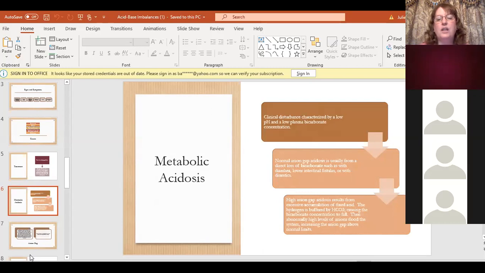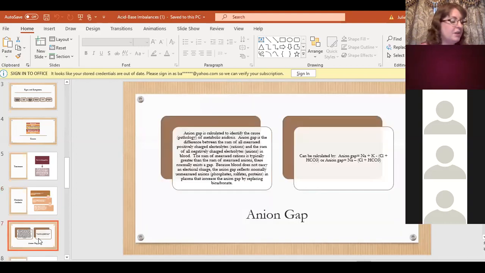So I don't want you to get too bogged down with knowing what diabetic ketoacidosis is and all of that. But I'm going to tell you a few different things about this that I think you should remember. There are a few different things that can cause it. There's something called an anion gap that people will calculate to figure out what the cause is.